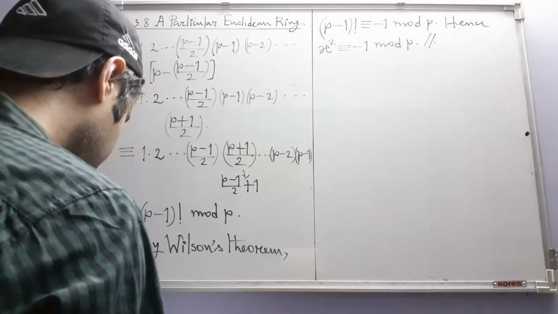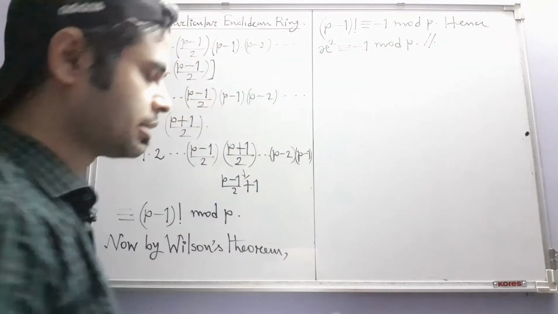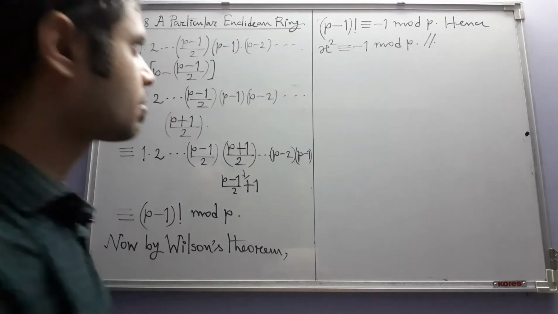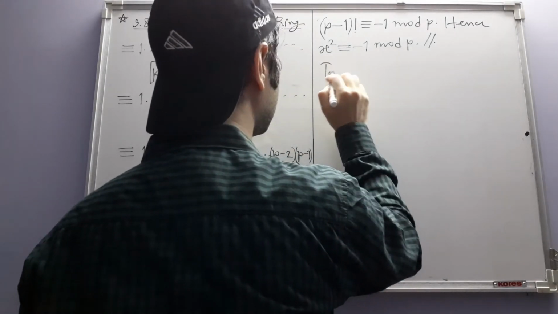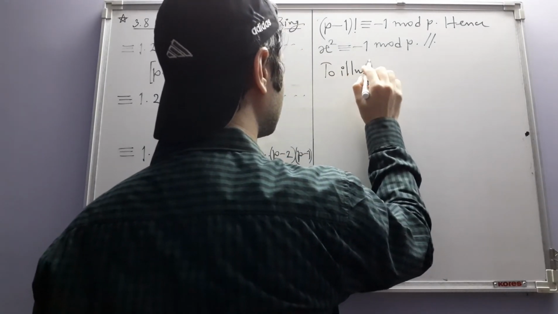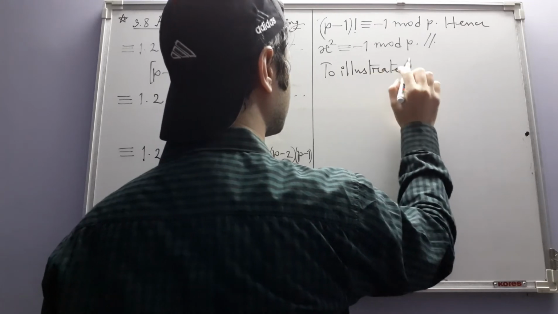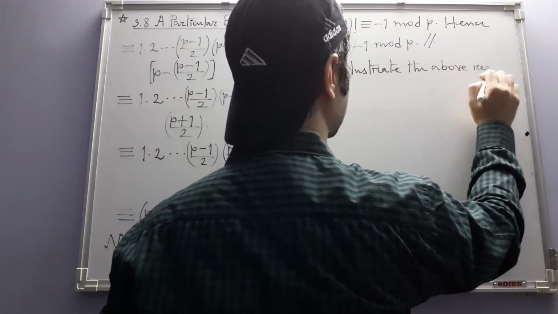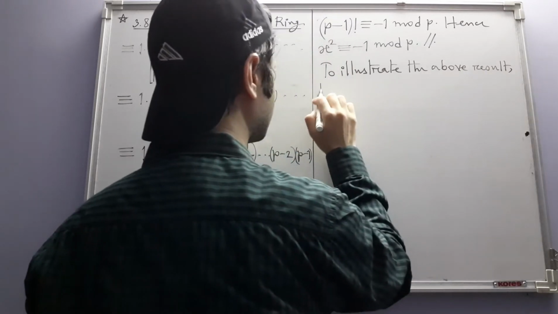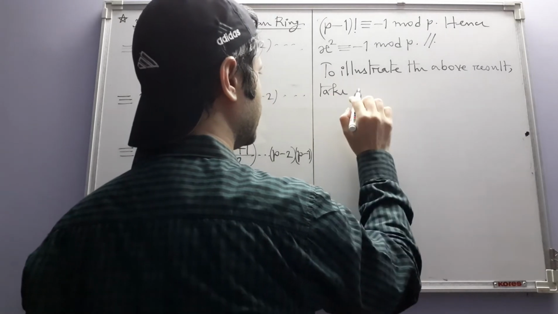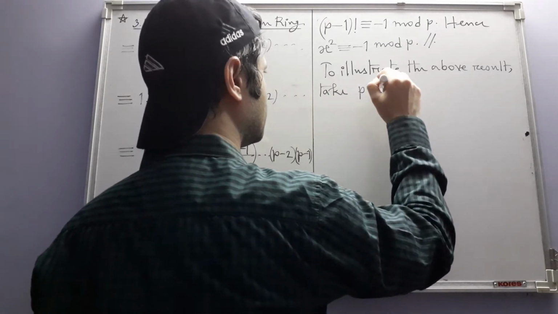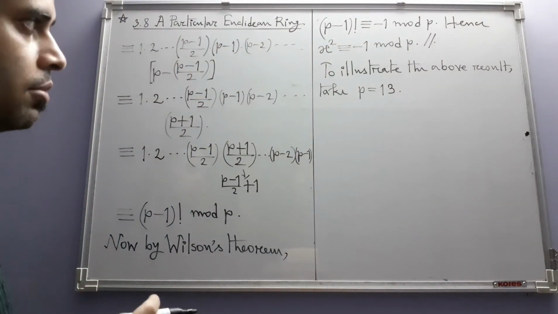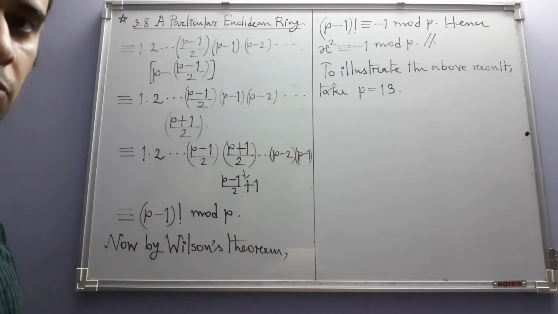We can give a small illustration of this result with an example. To illustrate the above result, take p equal to 13. 13 is a prime of the form 4n plus 1 because it is 4 times 3 plus 1.